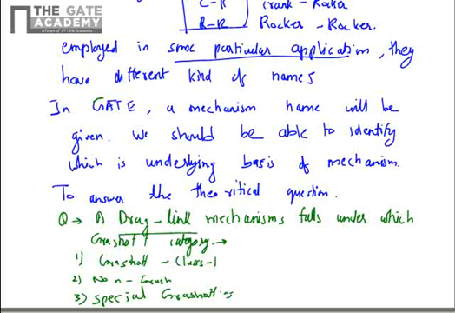So a drag link mechanism. Here they have not told in simple words whether it's a crank-rocker or rocker-rocker. So you need to remember these kinds of names of some typical mechanisms which are of historical interest, which are commonly encountered in industry. We have stated earlier also, and now I'll reiterate.